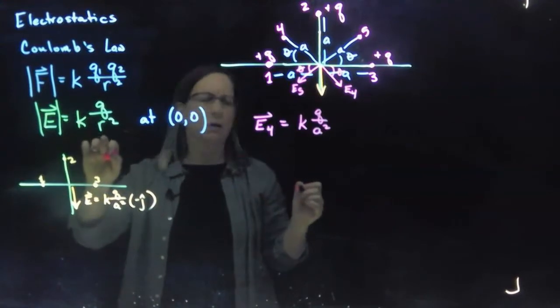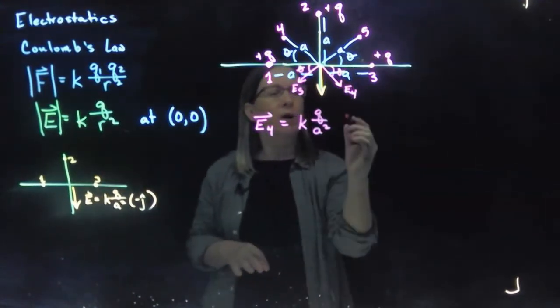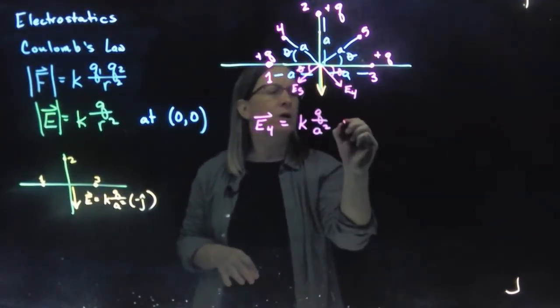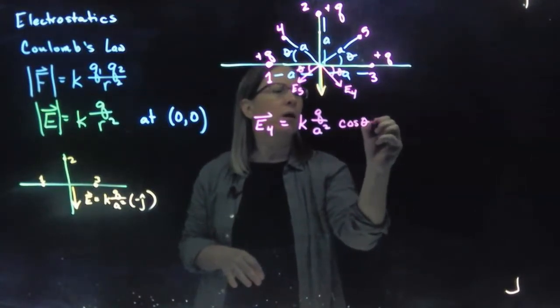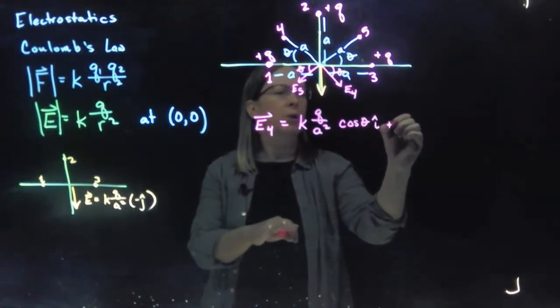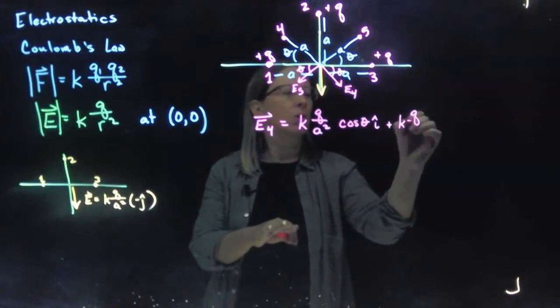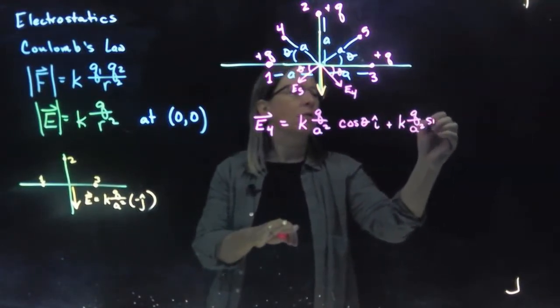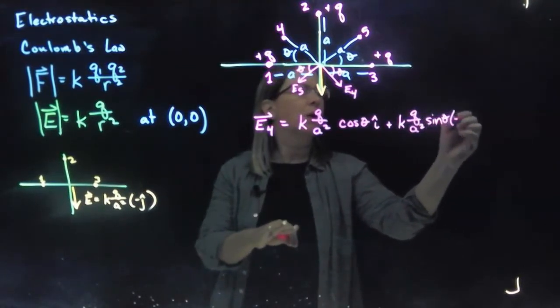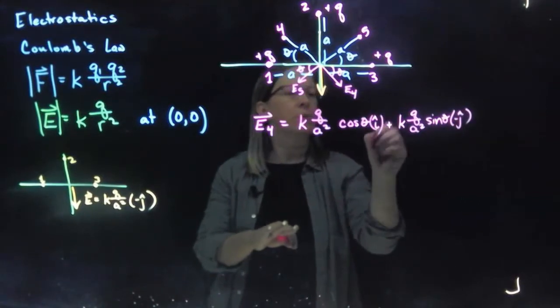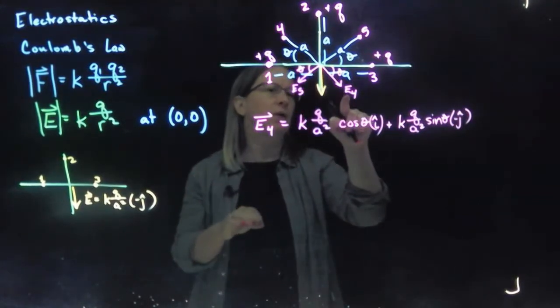That would be the magnitude. And then in the X direction, it would be cosine theta I hat plus KQ over A squared sine theta in the minus J hat direction. Right? That's from E4. That's this vector.